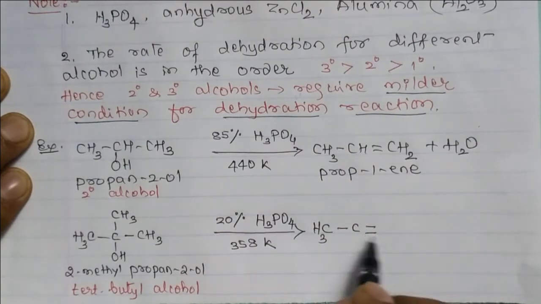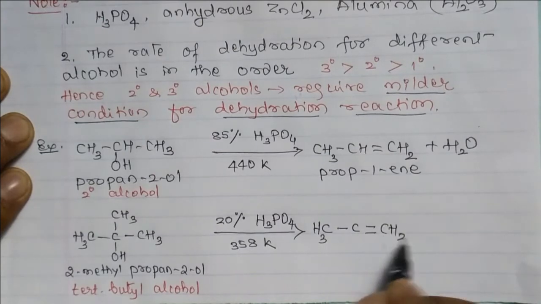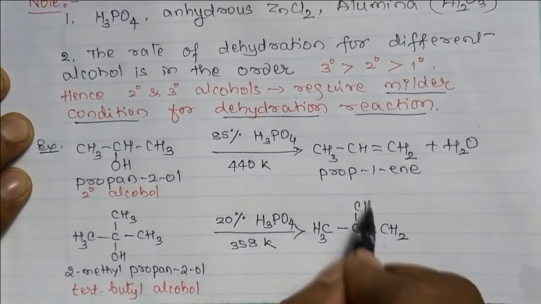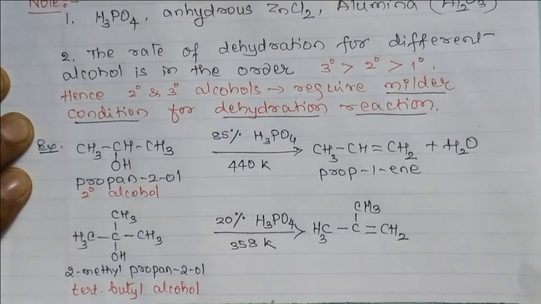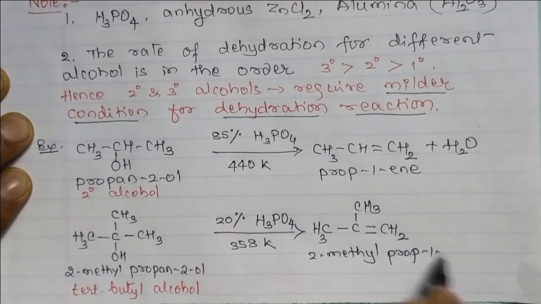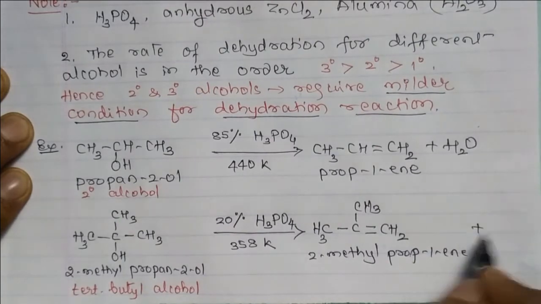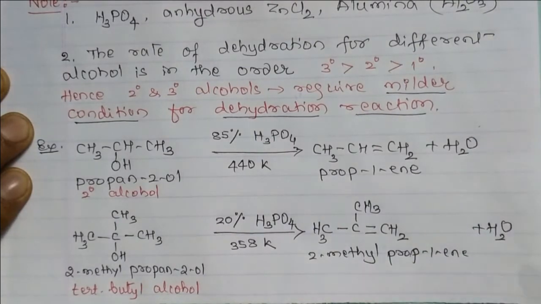CH3 C double bond CH2 with CH3, which is 2-methylprop-1-ene, plus H2O.